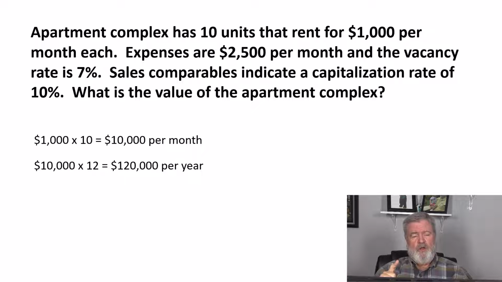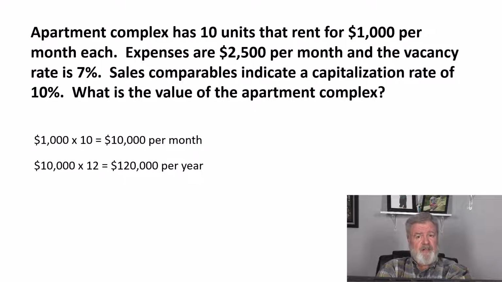Okay. So we have to now subtract whatever expenses, and it says the expenses are $2,500 per month and a vacancy rate of 7%. Now, this is where you better be careful. Anytime they provide you with a vacancy rate, in this case 7%, that is always based on gross income, okay?